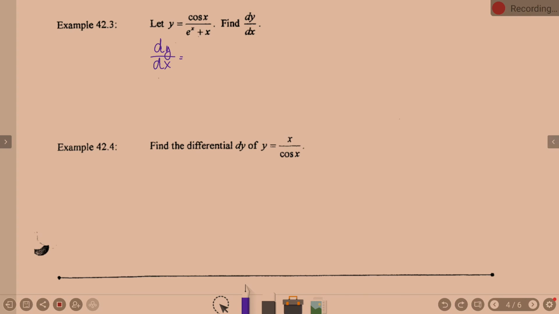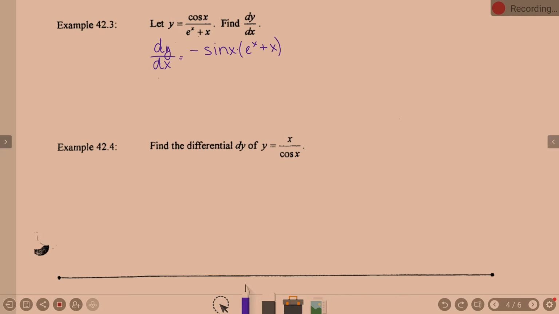Where'd you start? Take the derivative of the top. The derivative of cosine x is negative sine x, times the denominator, so e to the x plus x. Notice I'm using parentheses any time my numerator or denominator is multiple terms.